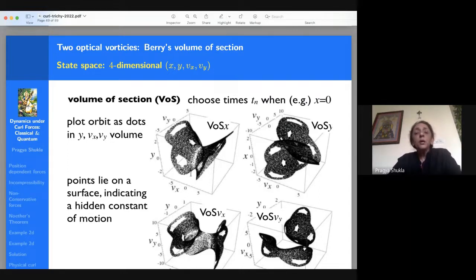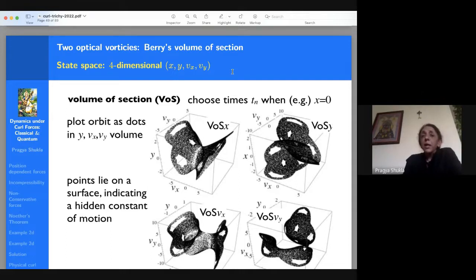Even if you consider just 4 variables, the center of mass has position x and position y, and velocity vx and vy. So still it's a 4-dimensional space. In this space you cannot consider an energy surface, and you cannot consider the Poincare surface of section because Poincare recurrence is not applicable here.